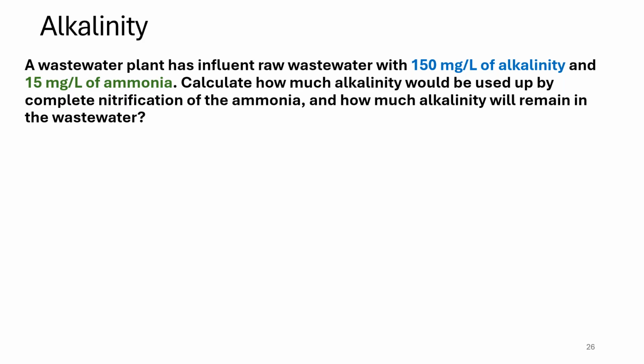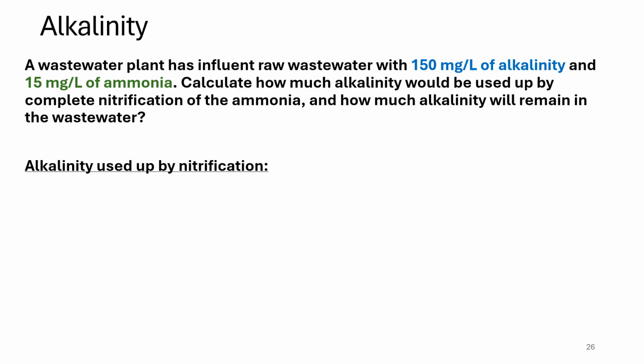I'm going to give you an example here. We have a wastewater plant that has alkalinity of 150 milligrams per liter as calcium carbonate, and it has 15 milligrams per liter of ammonia. We're going to ask how much alkalinity would be used up by complete nitrification of the ammonia, and how much alkalinity will remain in the wastewater.